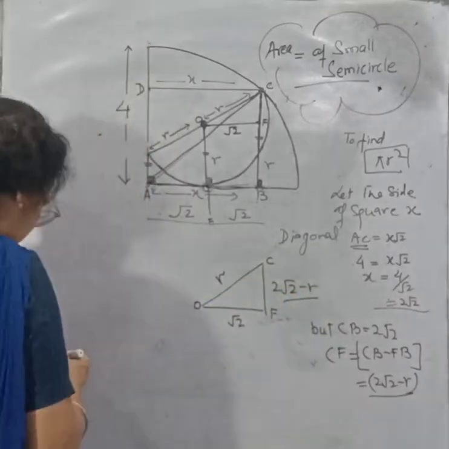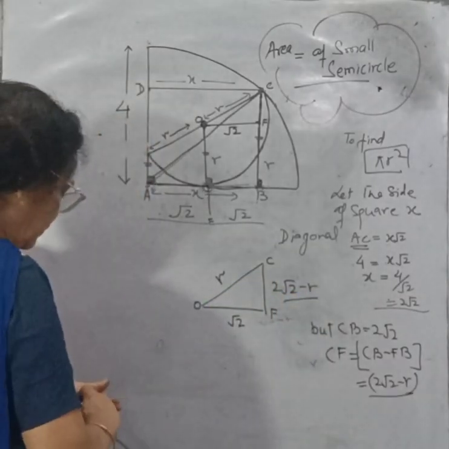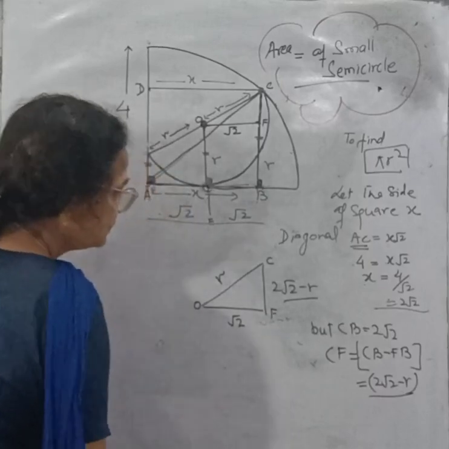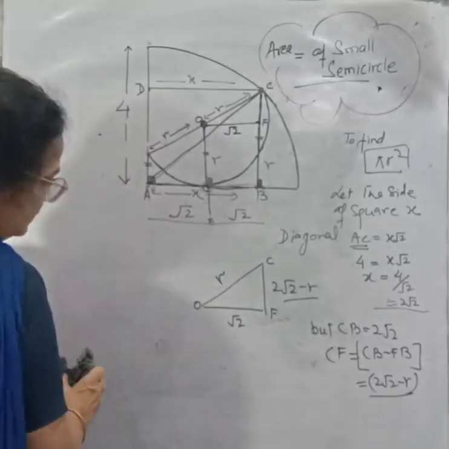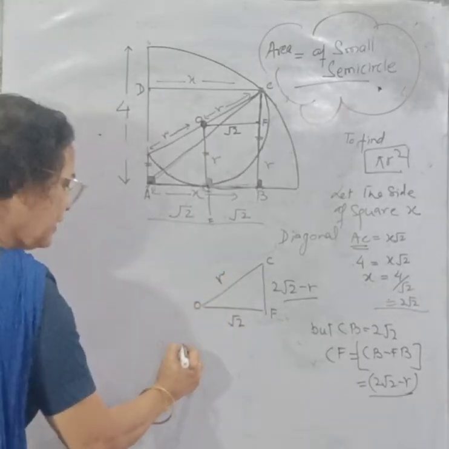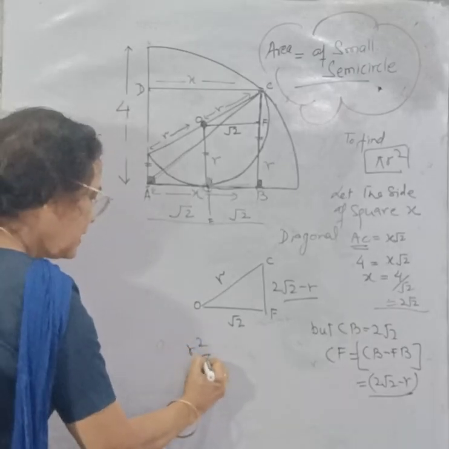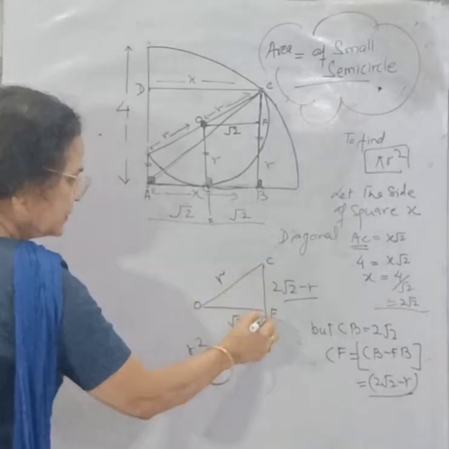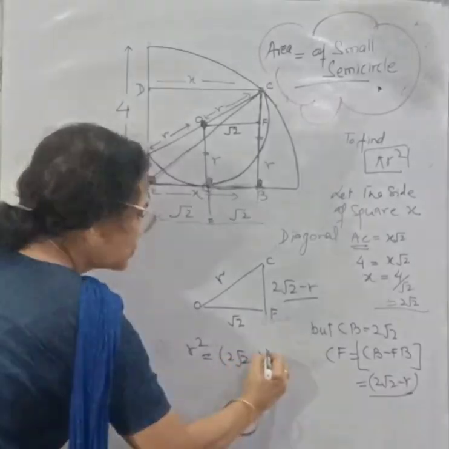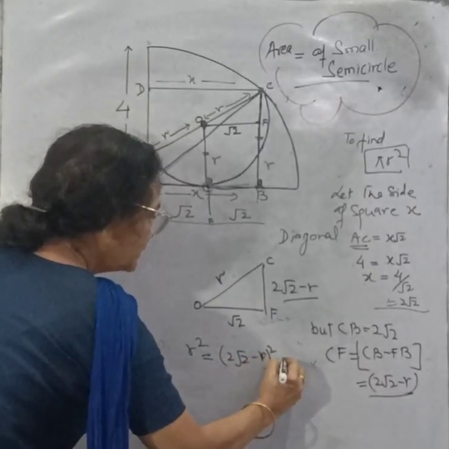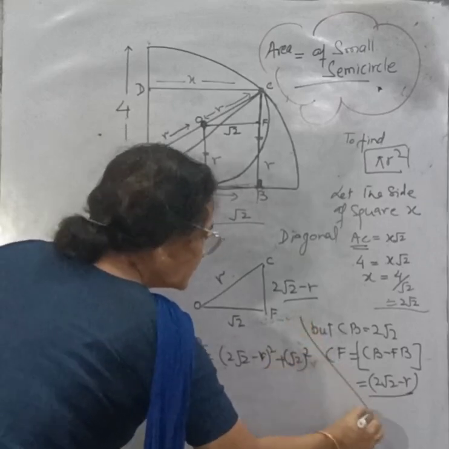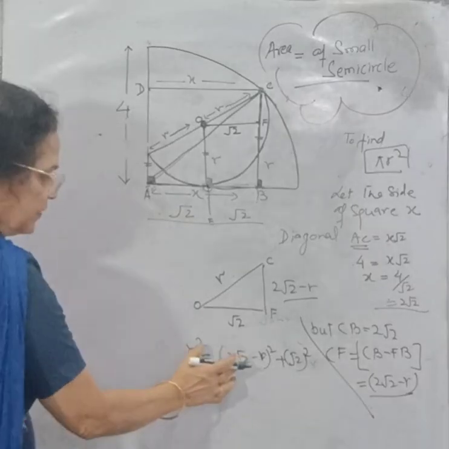Now we can apply Pythagoras in order to find the value of r. R square will be equal to the square of 2 root 2 minus r, whole square, plus root 2 square. It is very much clear.